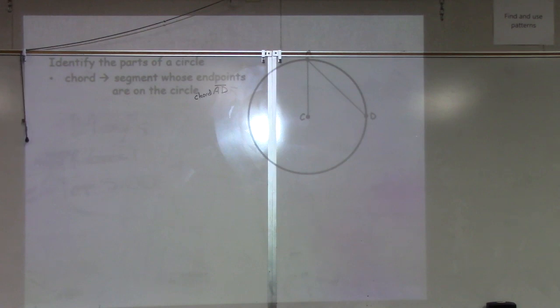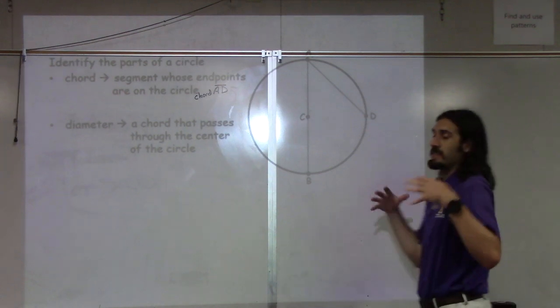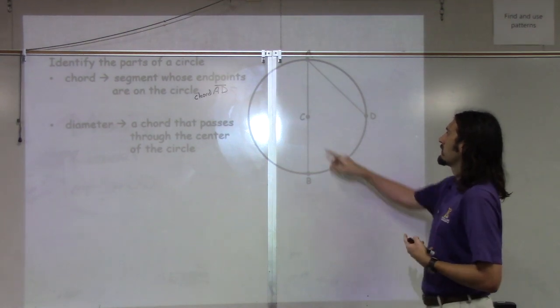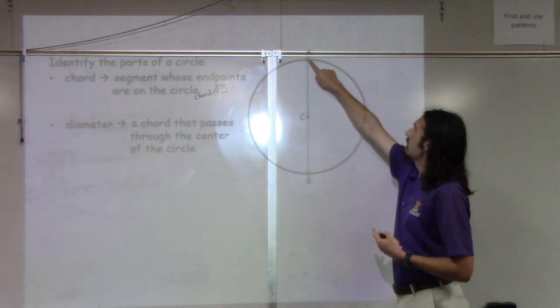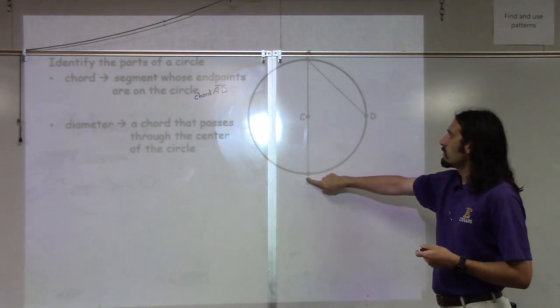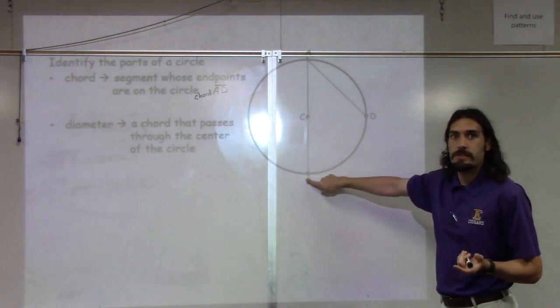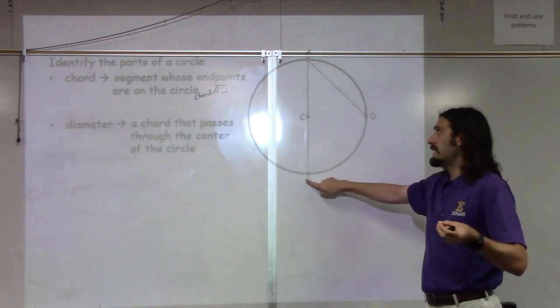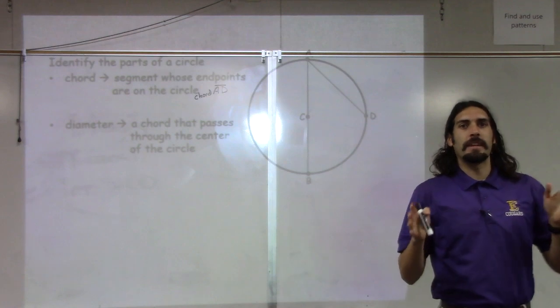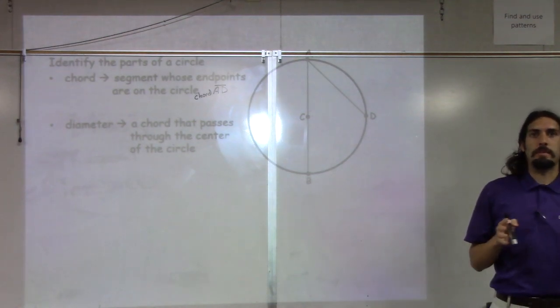Going down that list, we can get more specific and have a diameter, and what happens with our diameter, it is still a chord, but it adds as a qualifier that it also passes through the center. So we see this segment right here, A going down to B, is also a chord because its endpoints are on the circle, but it has an extra detail that it goes through the center. This is kind of like your square and rectangle definitions from chapter 7.